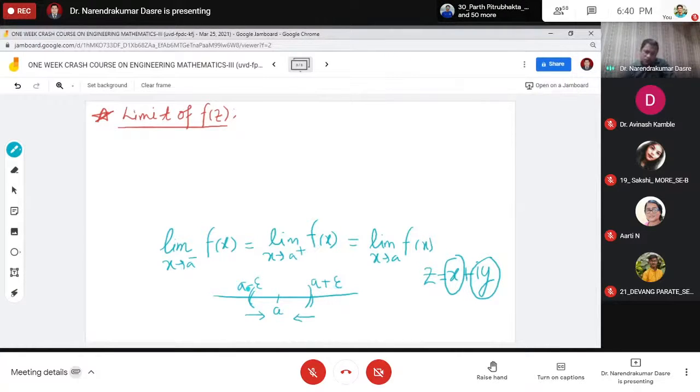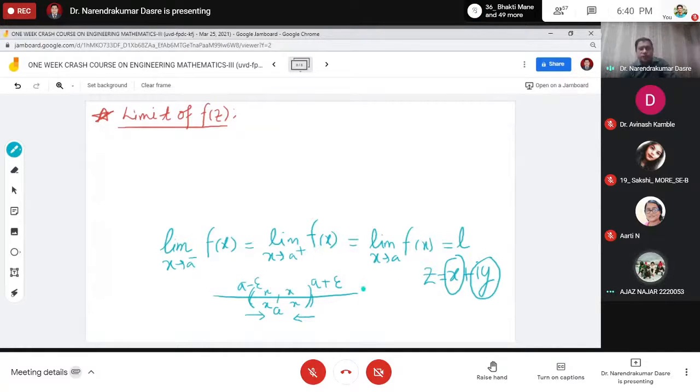Here we can say that whenever x is in the neighborhood of a, precisely the epsilon neighborhood of a, then this value is in the neighborhood of some constant value L, which we call the limit of this function.